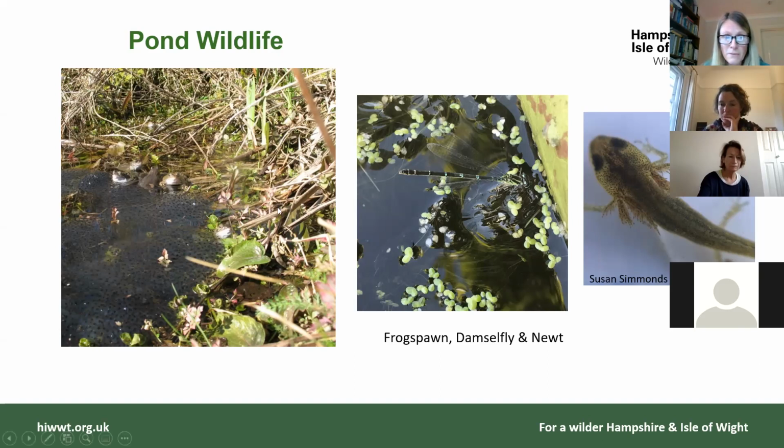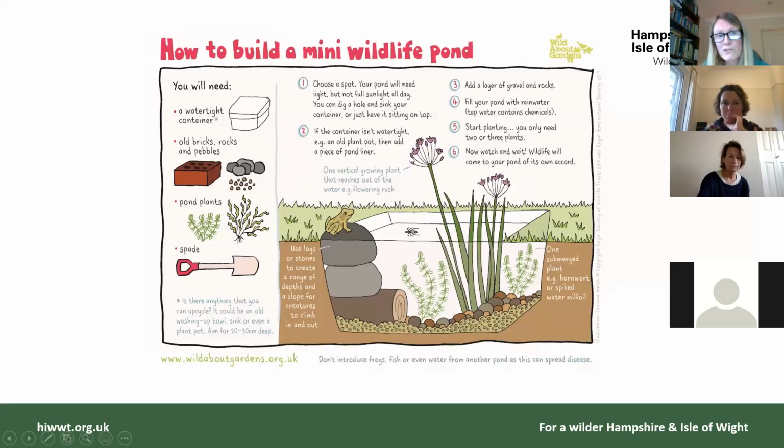To start with, if you haven't got the space for a pond, you can just create a very tiny mini wildlife pond, using, for example, an old washing up bowl. This is quite a nice resource you can find online, which shows you how you would go about doing that and what you could put in it.